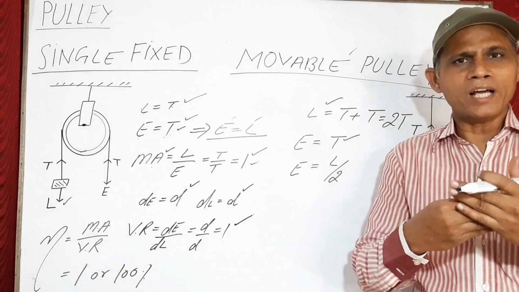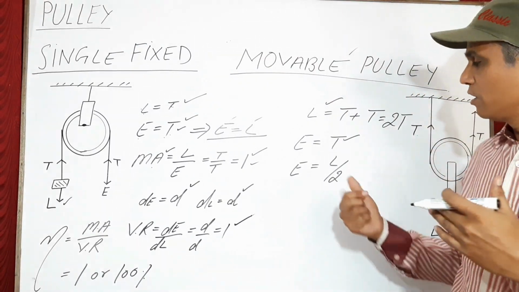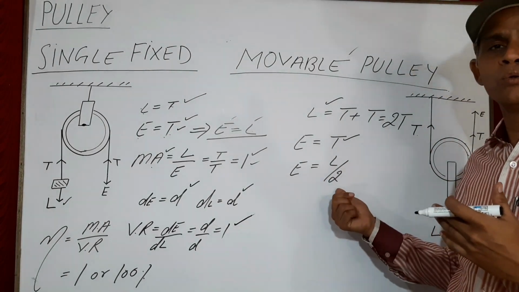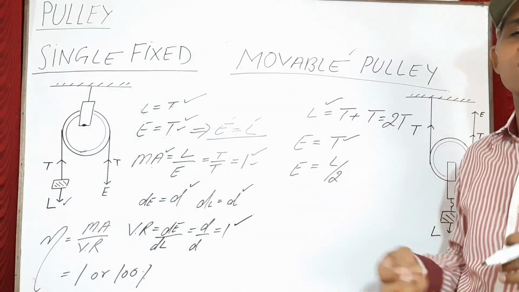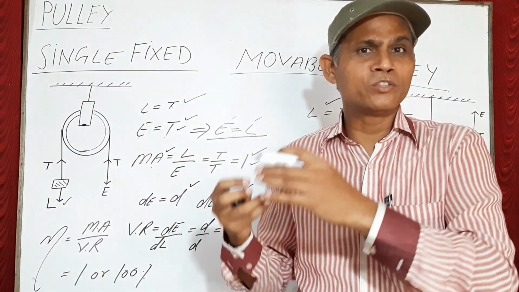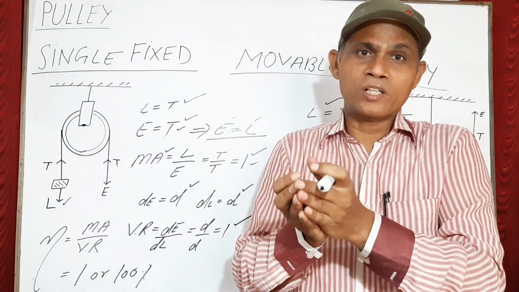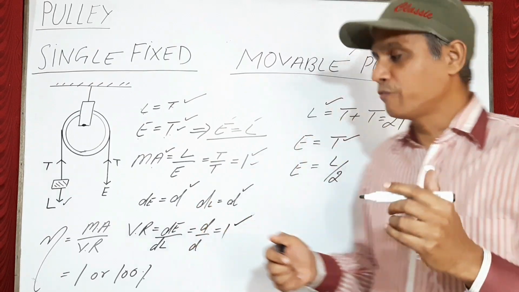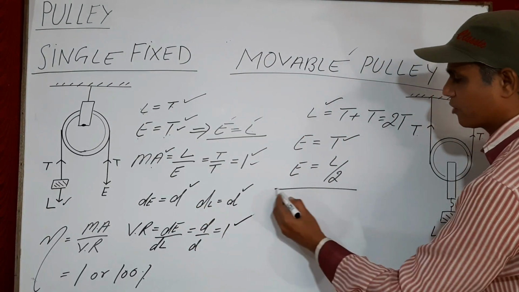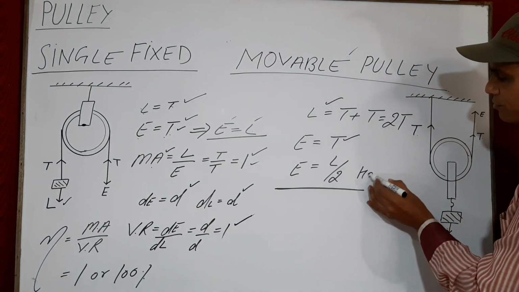That means you will have to apply half of the load. For example, if the load is 10 Newton, you will have to apply an effort of only 5 Newton. So the effort required over here is half.